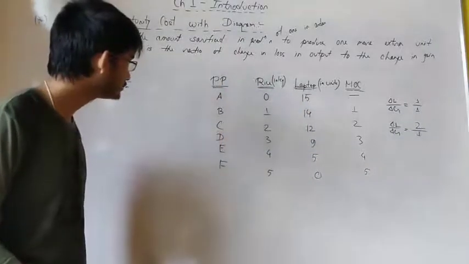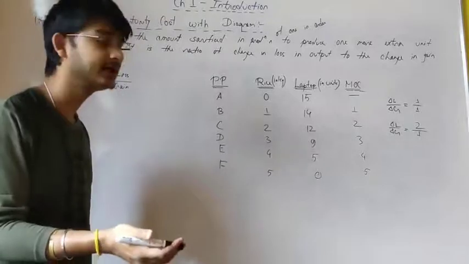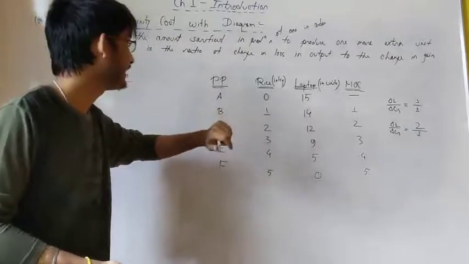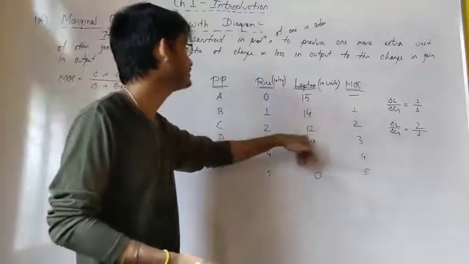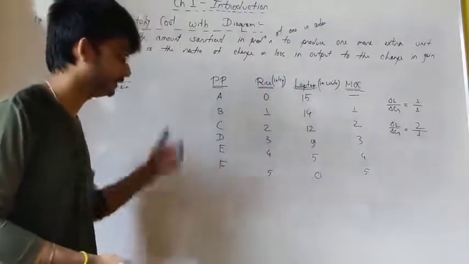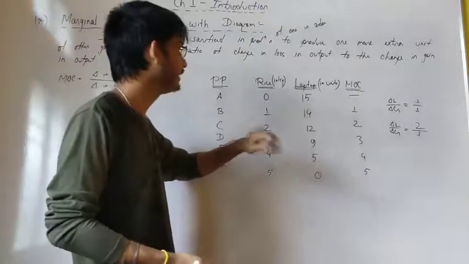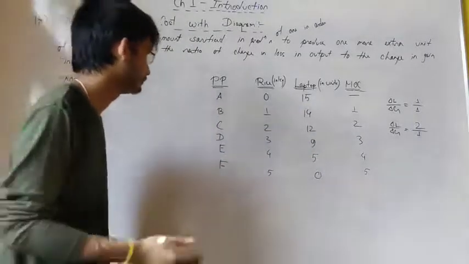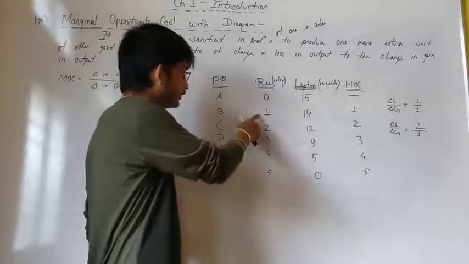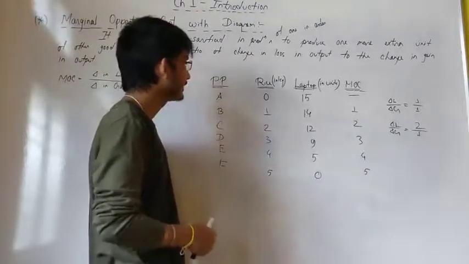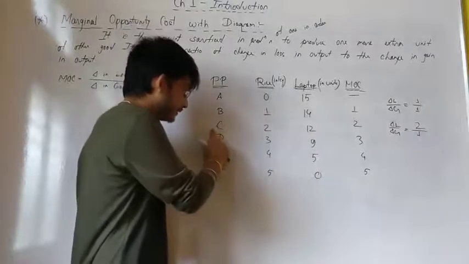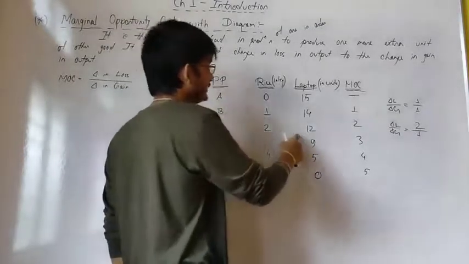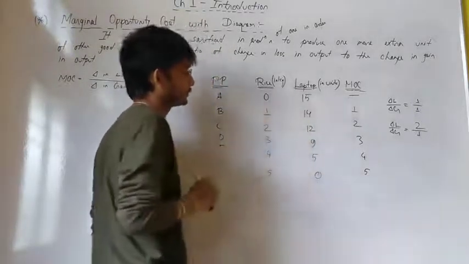Now if it wants to produce 1 more extra kg of rice, 2 kg, then it needs to sacrifice 2 units of laptop and come down to 12 units of laptop. So to produce 1 more extra kg of rice at point C, it needs to sacrifice 2 laptop production.